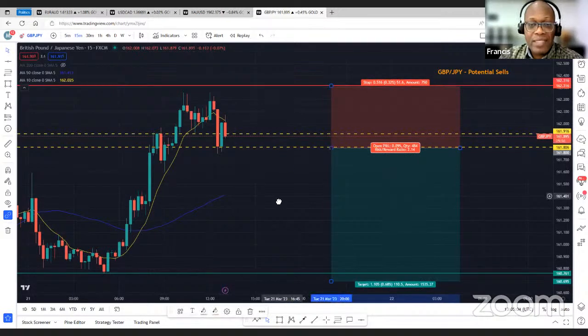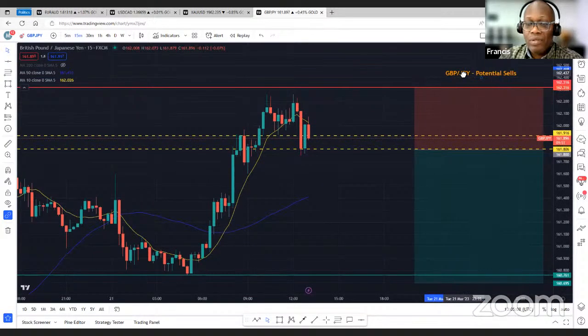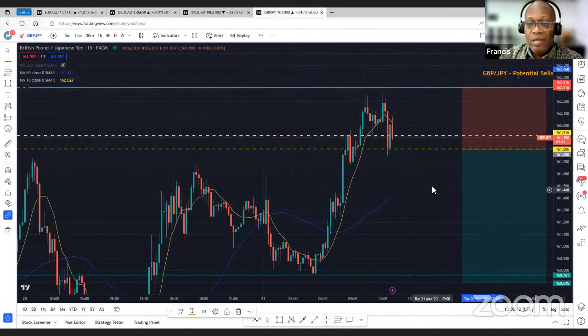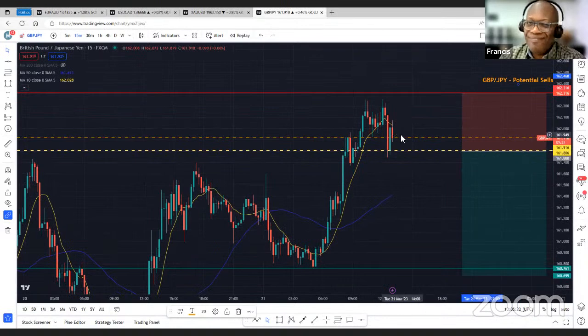I've marked it here like this, but we are not in the trade yet. So I have said potential sells. Now, does it mean we just jump in now? Not necessarily. If you do, you could be risking less in the sense of pips, as you have a stop loss.